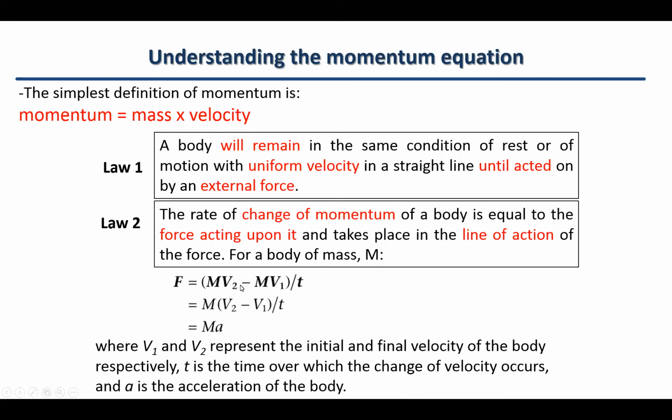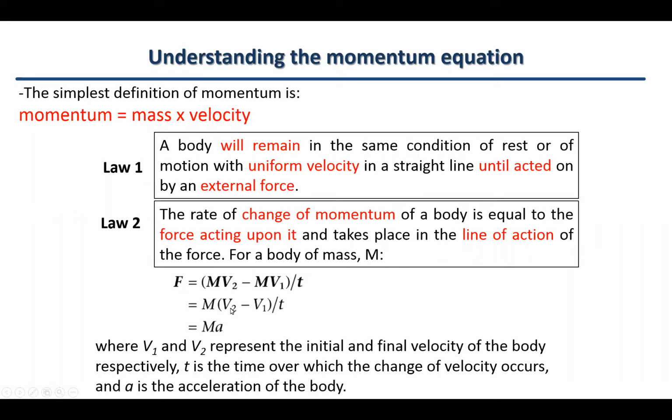If you factor m from this equation, it will be outside the bracket. So m times, inside the bracket, v2 minus v1, the difference between the final and initial velocity, and outside the bracket, divided by t, the time that the force applies.